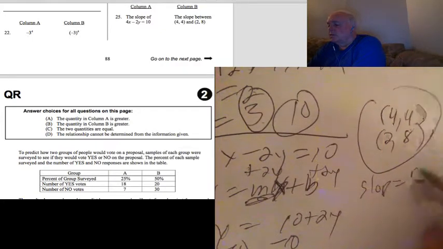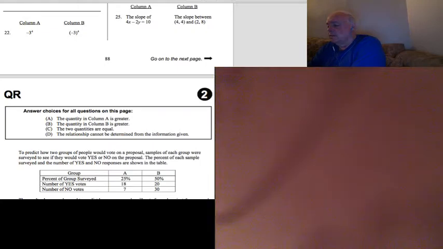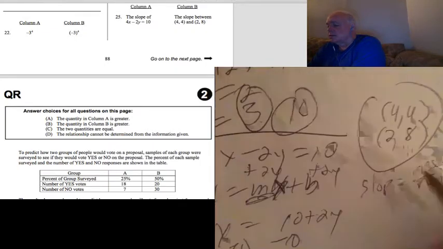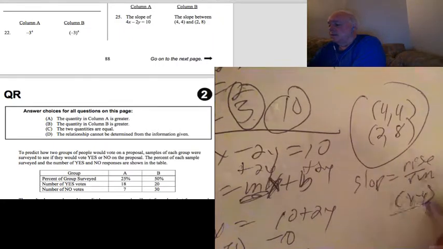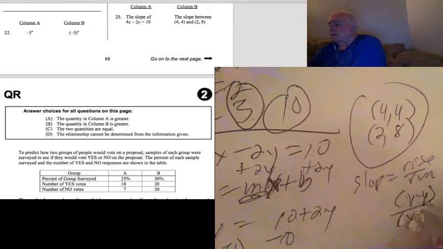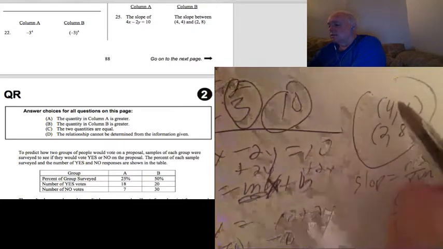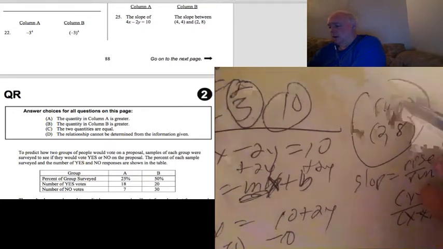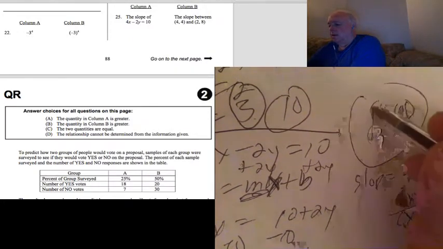The rise is the difference between the y's over the difference between the x's. Sorry, my handwriting is atrocious here. So we're going to do subtraction. It doesn't really matter which order. If you subtract the y's this way, then subtract the x's this way. Whichever way you go, it'll be consistent.